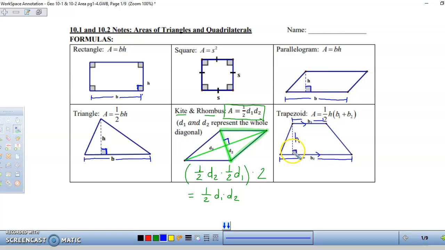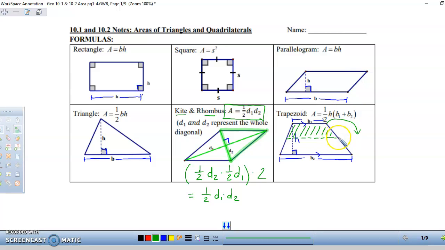Okay, and then again, I'm going to talk you through why that works. You don't have to write any of this down if you don't want to, but why that works is, let's pretend like we cut this trapezoid in half. And then we're going to take this top portion and I'm going to rotate it down to this side.